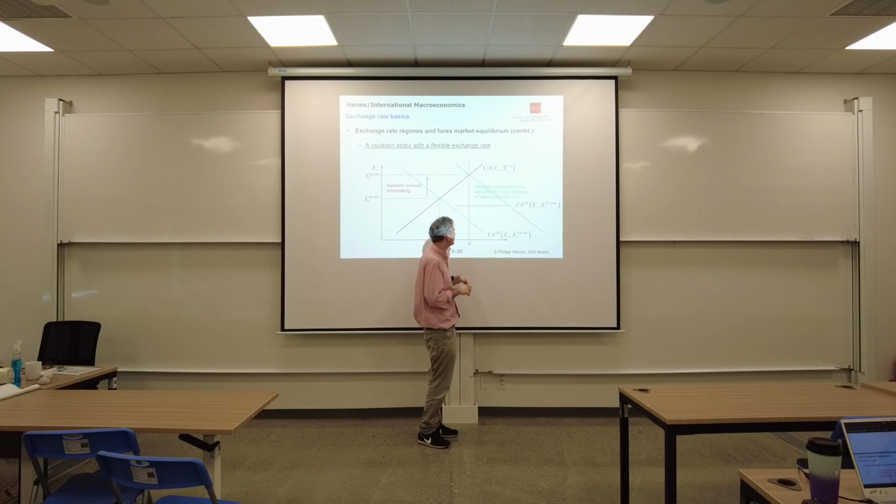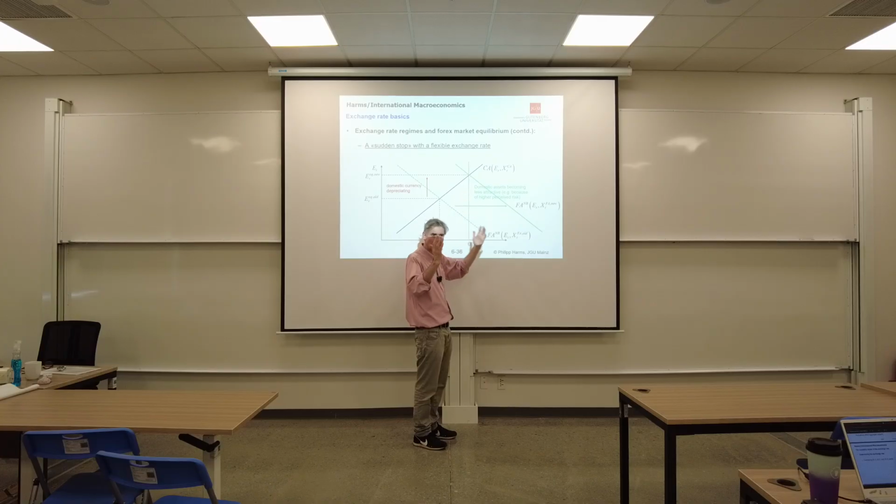All right? Then you have a problem because you're running a current account deficit, so everybody wants to have foreign currency, but there's no one abroad who wants to have the domestic currency because people are not buying domestic assets anymore. Now, with a flexible exchange rate, this results in a normal depreciation, big time.